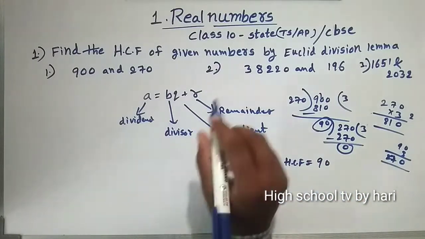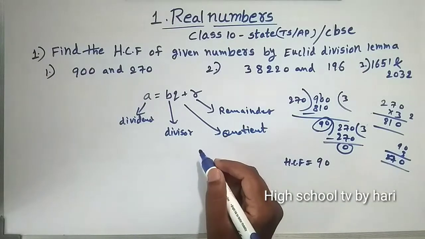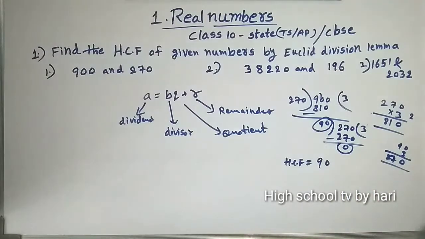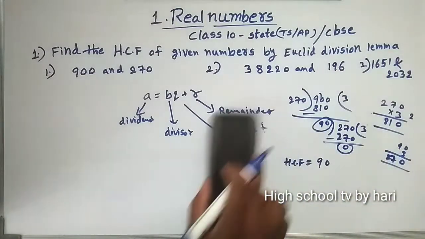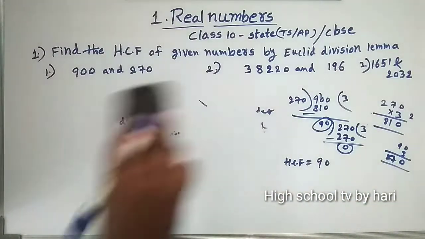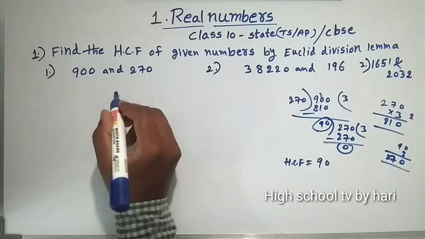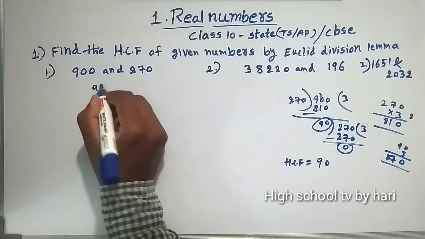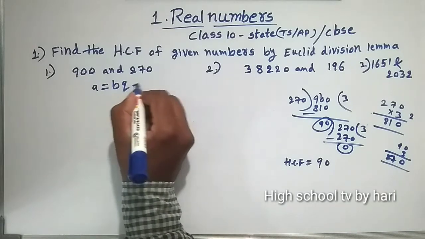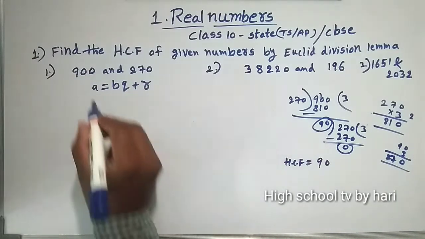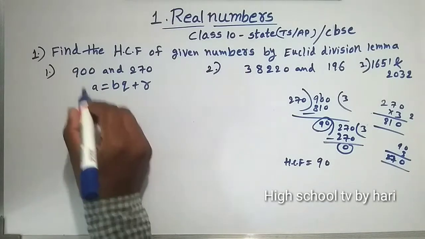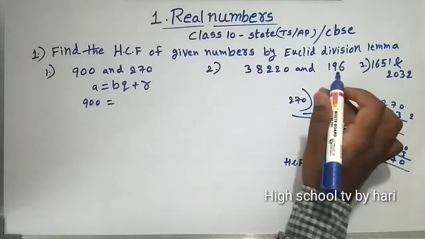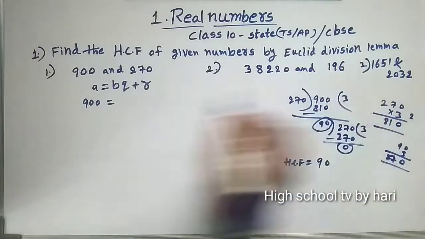By using the Euclid division lemma, we can also get the same answer. A equals bq plus r. Remember, a is the bigger number, 900, the dividend.